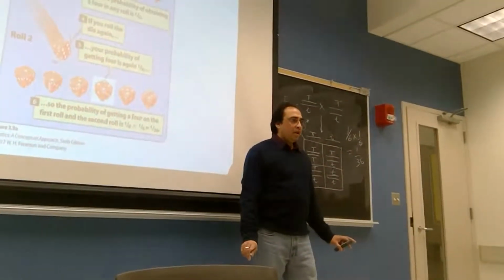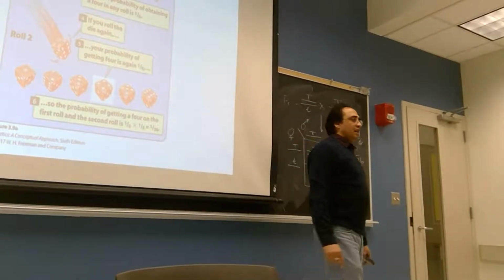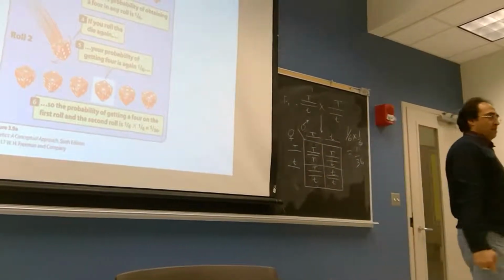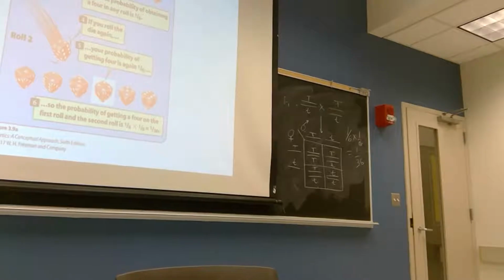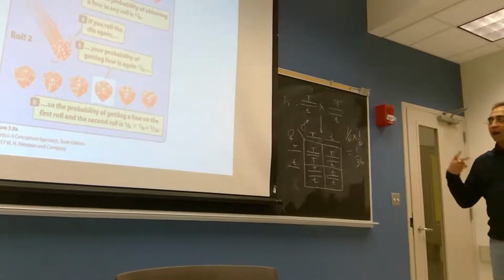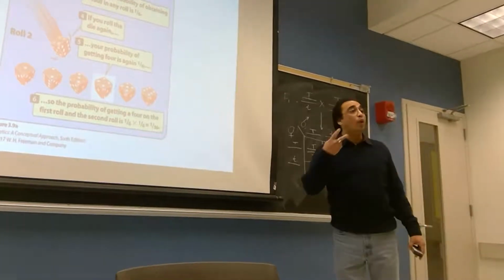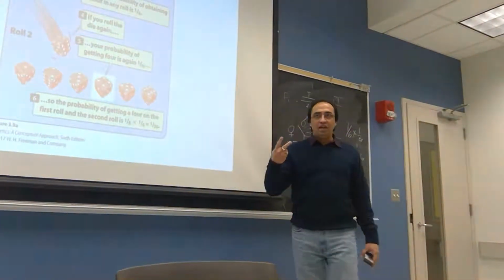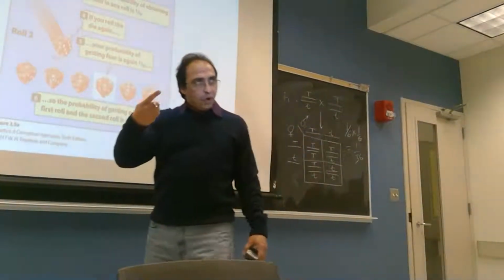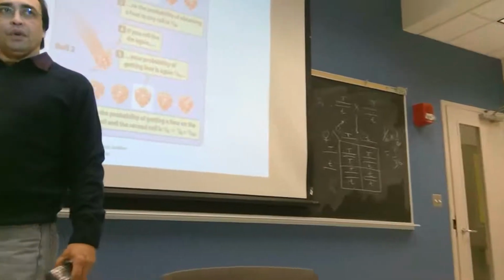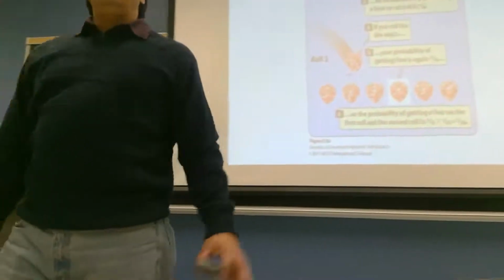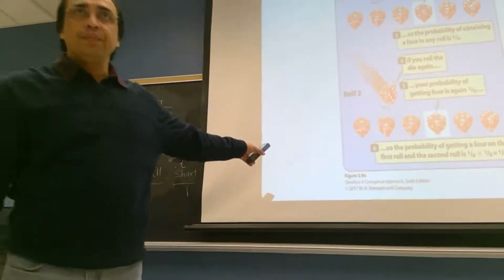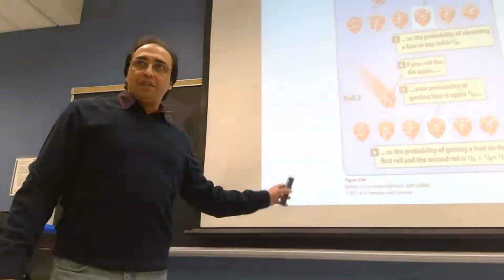And the condition is "and": if I roll the die twice, I get 4 twice. First roll of die 4 and second roll of die 4. Then it is the multiplication rule. You need to go for the multiplication.